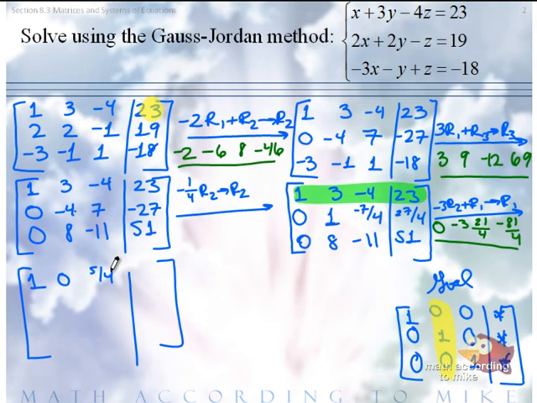Negative 81 fourths plus 23. No, 23 is 100. No, is 92 fourths. So 92 fourths minus 81 fourths is 11 fourths.